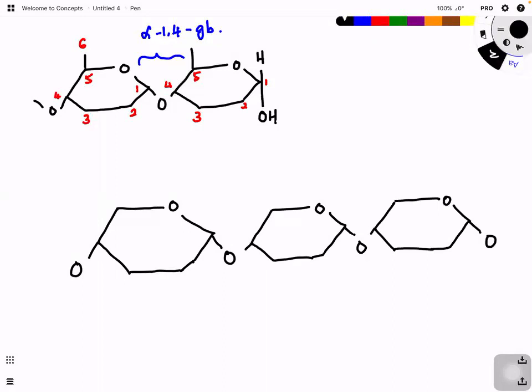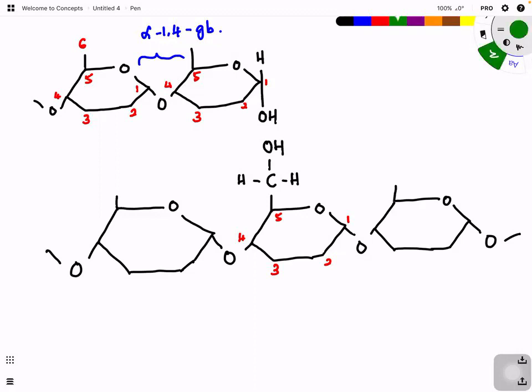Can you see that? Here you can see this is carbon 1, carbon 2, carbon 3, carbon 4, carbon 5. Carbon 6 is CH2OH. Can you see that?